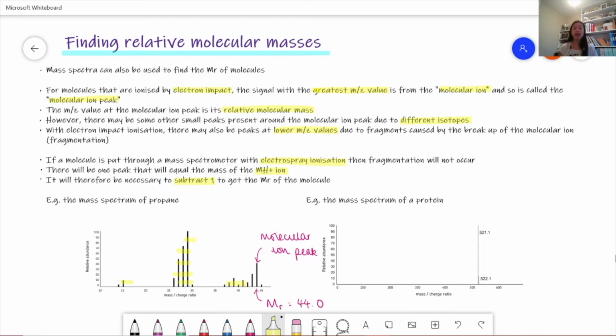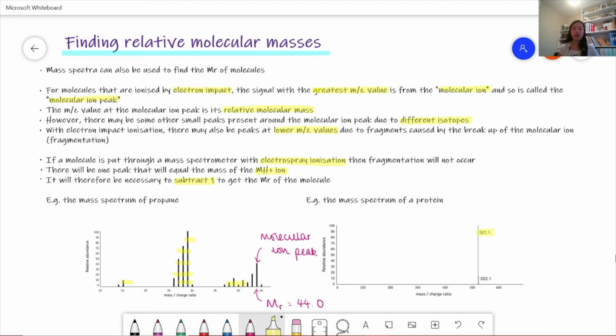Then looking at the mass spectrum of a protein, because it's a compound with a high Mr, we use electrospray ionization, and so we get a peak at the Mr plus 1. We do the same thing as with electron impact first: we find the peak with the highest mass to charge ratio and also the biggest peak. That would be this one here at 521.1. However, this is the peak for MH+ because we've just gone through electrospray ionization, so we should take one away.